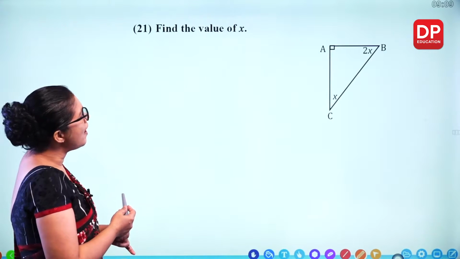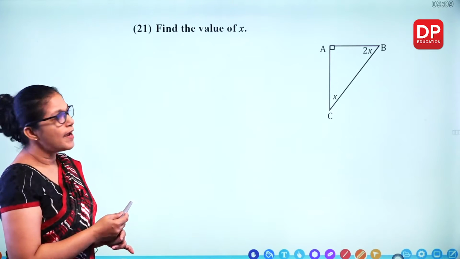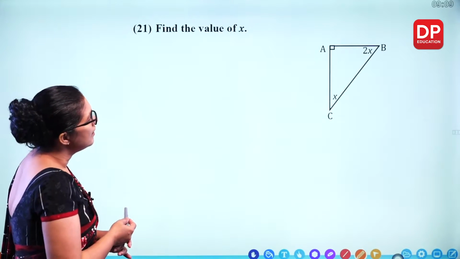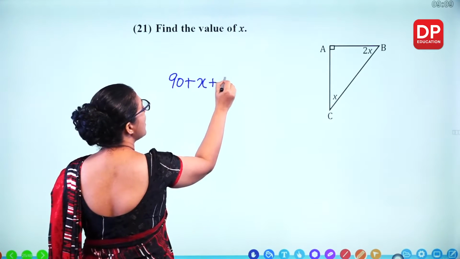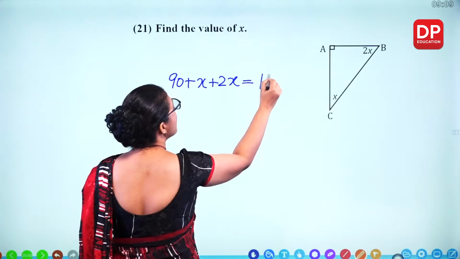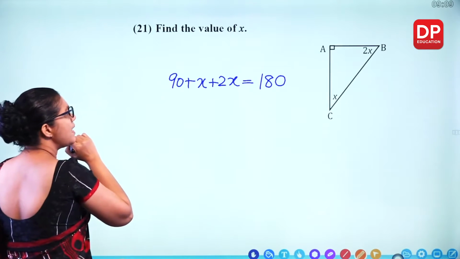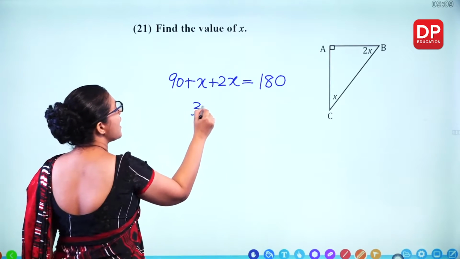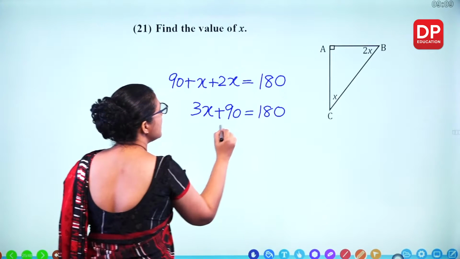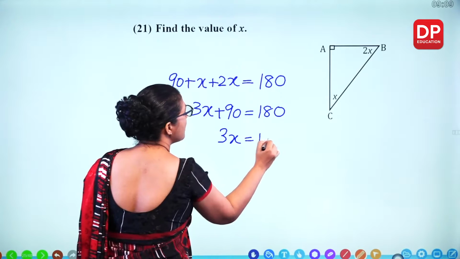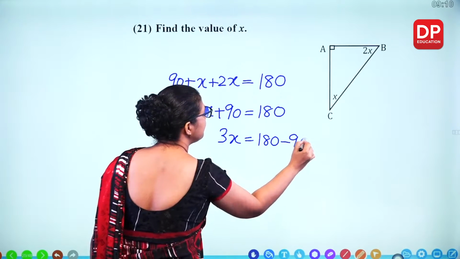Question number 21. Find the value of x. This is a right angle triangle. So we know 90 plus x plus 2x is the sum of angles in a triangle. That's 180. So 3x plus 90 equals 180. 3x becomes 180 minus 90.